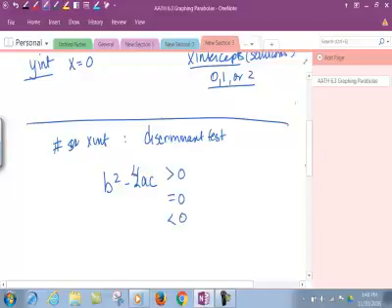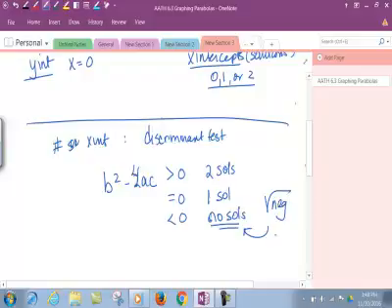Those are the only possibilities. When the number is greater than 0, there will be 2 solutions, or 2 x-intercepts. If it's equal to 0, there will be 1 solution, and if it's less than 0, there will be no solutions. Hopefully that makes perfect sense, because we're talking about a number under a square root, and anytime we have a negative under a square root, we say there are no solutions.